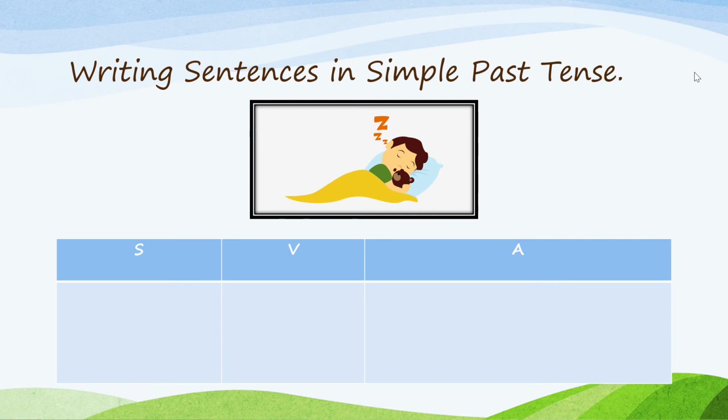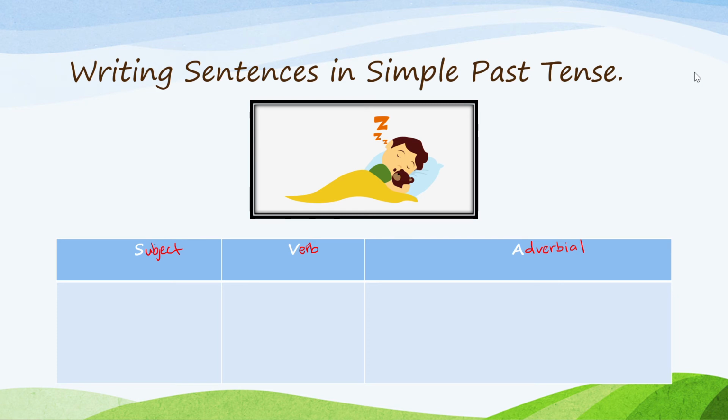Now, we have SVA table here. S for subject, V for verb, and A for adverbial.